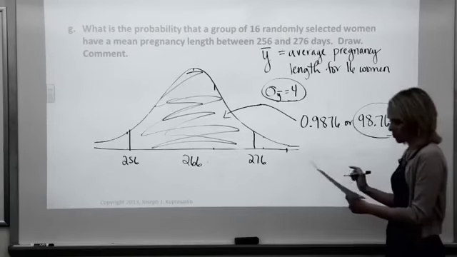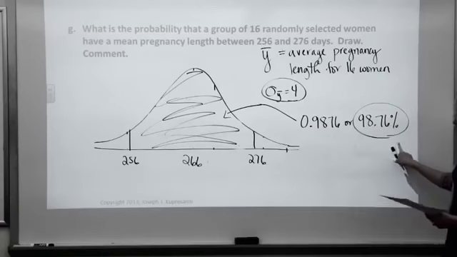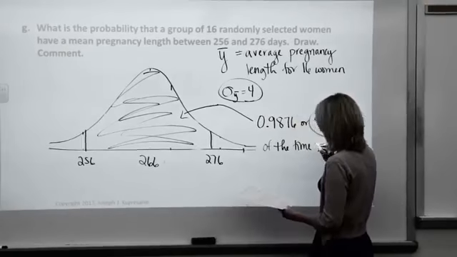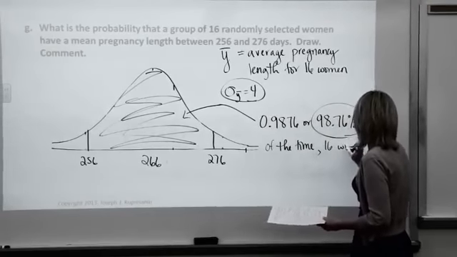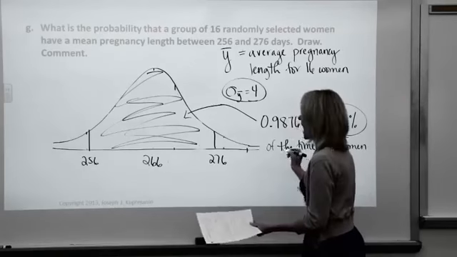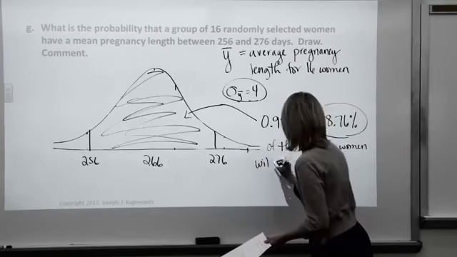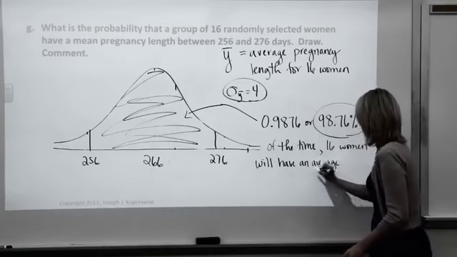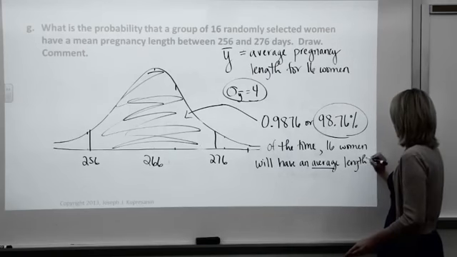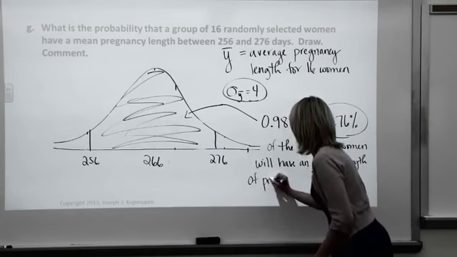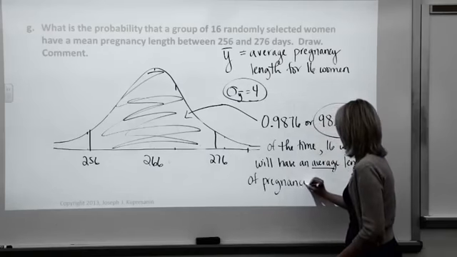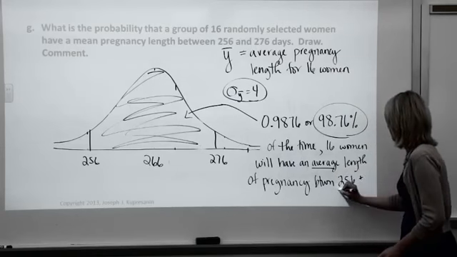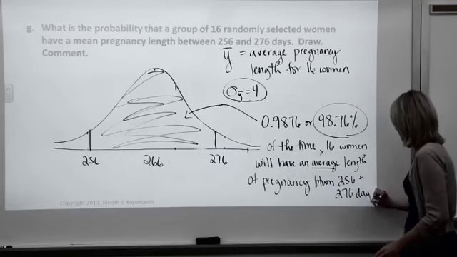So maybe we just write up one summary sentence about this. 98.76% of the time, 16 women will have an average length of pregnancy within that range, which was between 256 and 276 days.